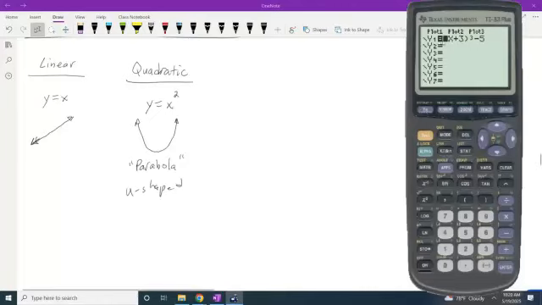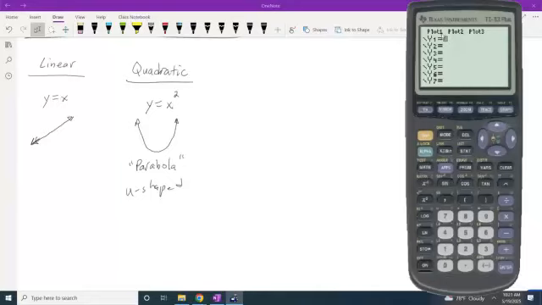And if you have a function already in your calculator, I can quickly delete that by hitting clear. Now notice this calculator can graph up to, I think, 10 functions at one time. So you see all these Y equals, you can actually grab 10 functions at once.